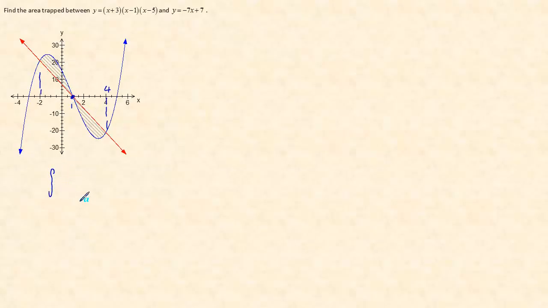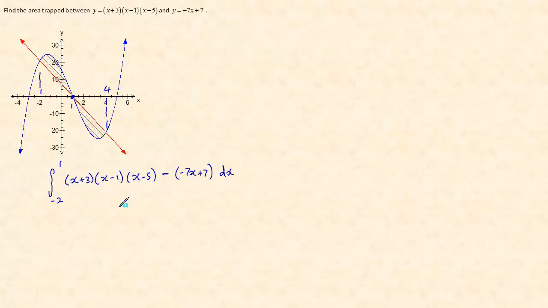So we could do this as the integral from -2 to 1 of (x + 3)(x - 1)(x - 5) dx, because what we need to do is take away the -7x + 7. So that's the difference function.